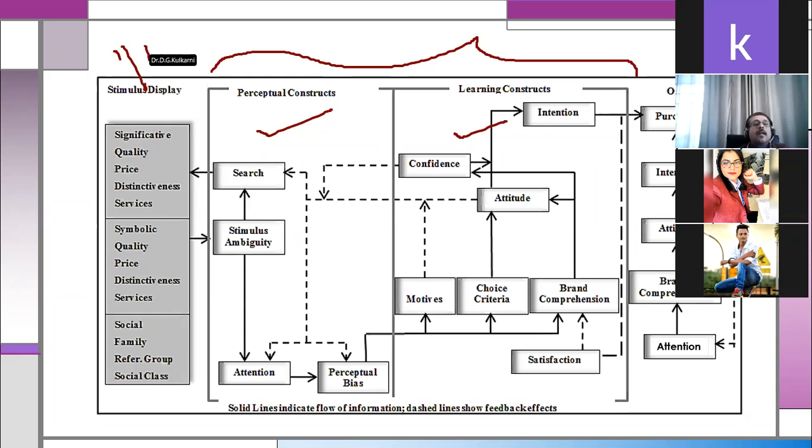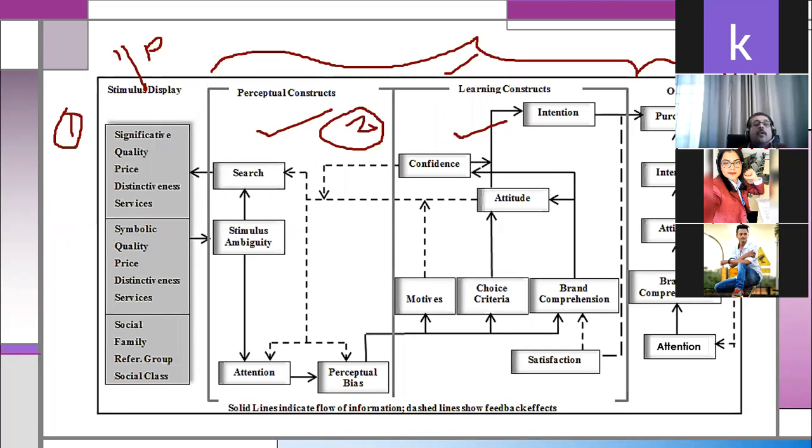This whole thing is the process, and this one is the outcome. This is in all the models. Basic change will be either in the first part, or in the second part, or in the third part. And that's how we keep on calling them by different names, that these are the various models which have been propagated by specific people. Very right, this is the perceptual construct and this is the learning construct.